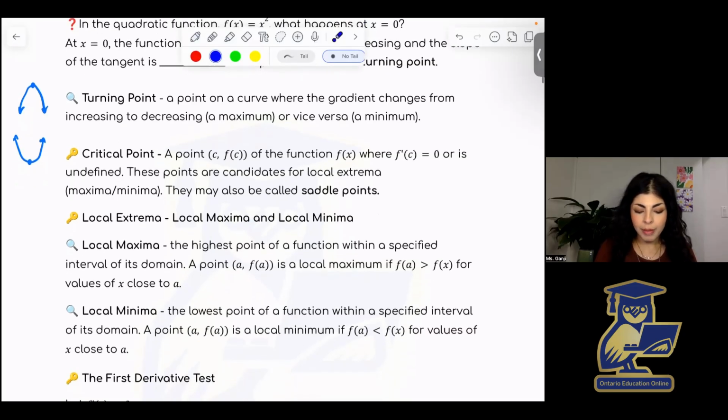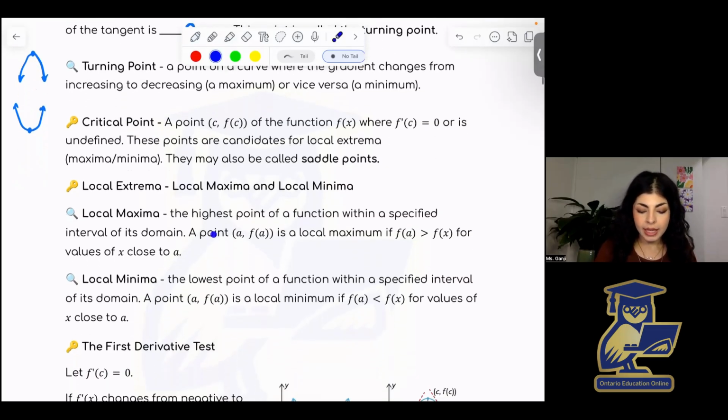So a local maxima is the highest point of a function within a specified interval of its domain. So again, on a given domain, on a given interval, what that maximum could be. And we saw that it could be either at the endpoints or at these critical points. So that point is considered to be a maximum if f of a, this output, is greater than all the other outputs f of x on that interval.